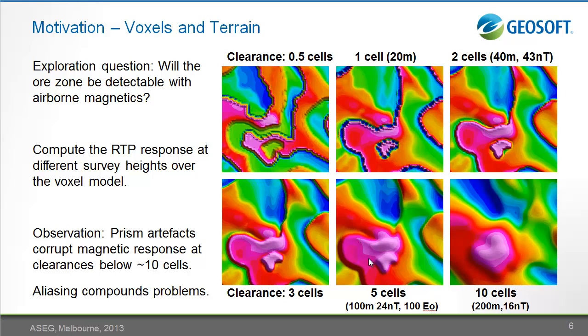So that gives you some idea of the size of these artifacts for a gravity gradiometer survey. So that's 100 Eötvös range. So you can clearly see that we have a problem using prisms to represent topography, and we need to go beyond that. So now let us look at possibilities for going beyond the prism model.